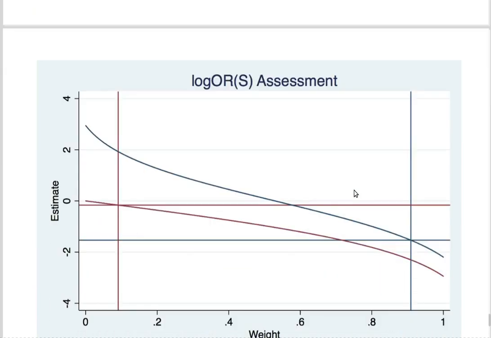Similarly, we can look at the logarithm of the odds ratio. The reason for displaying it in terms of logarithms will become clear later on in these sessions. But again, we are seeing a difference with one set of weights being different from the difference with another set of weights.